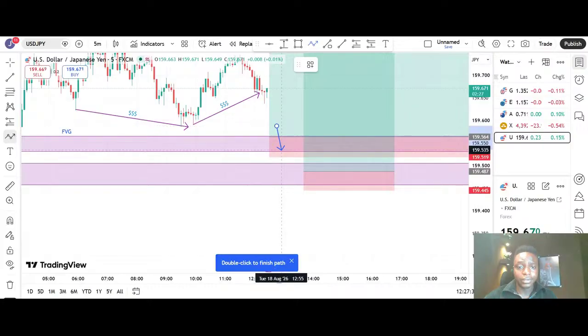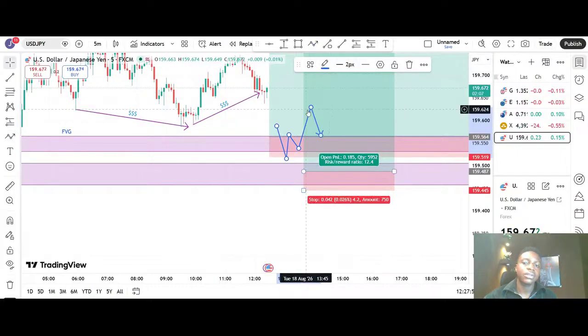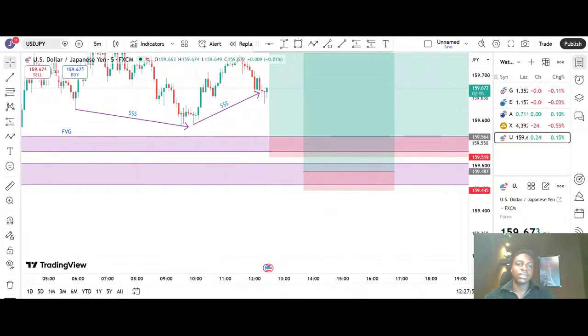When price gets to this place, for me, I'll look for a sweep, then it gets back to this place, tries to respect it, and then does a very strong bullish displacement movement. And then I'll look for the order block that caused that movement, and that is where I should be looking for a buy. It's as simple as that.